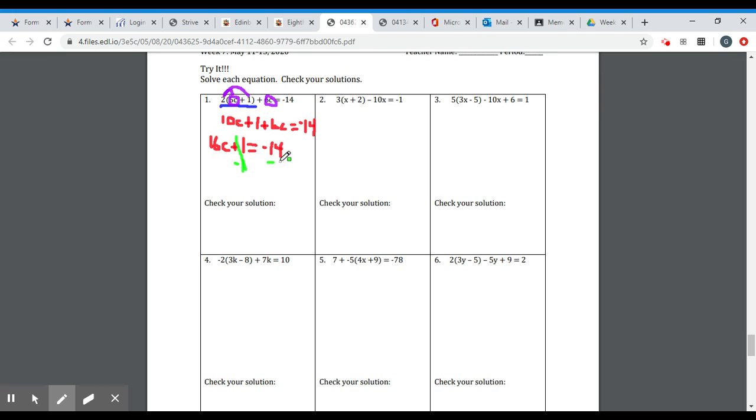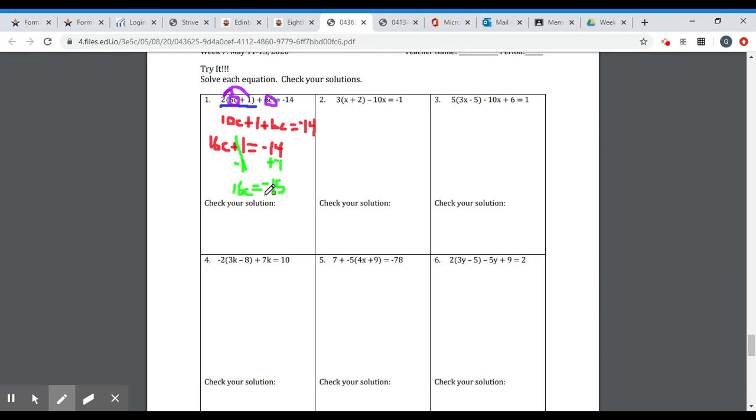So I'm going to do minus 1 over here. Negative 14 minus 1. Again, I am using integer rules. Okay, I'm going to change this to addition, and I'm going to do the opposite. Okay, so what's negative 14 plus negative 1? Negative 15. Okay, and I'm left with 16C.